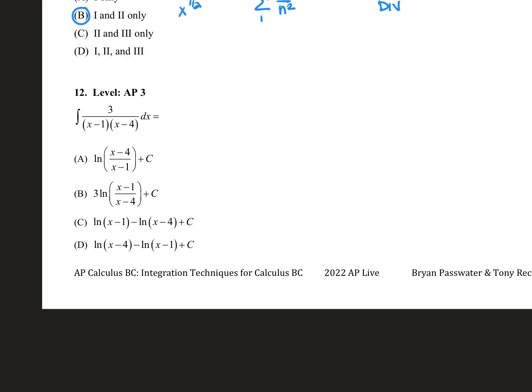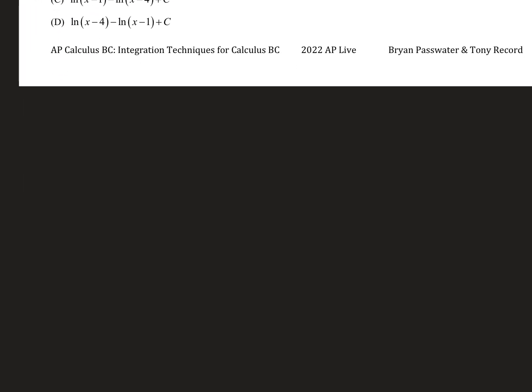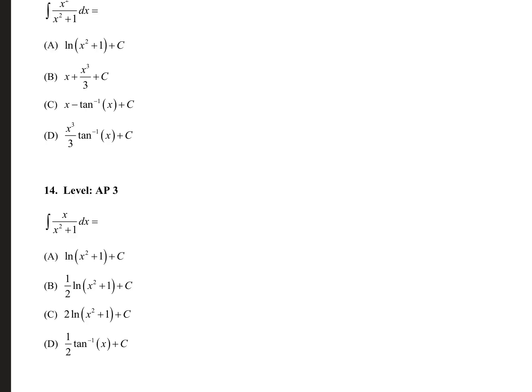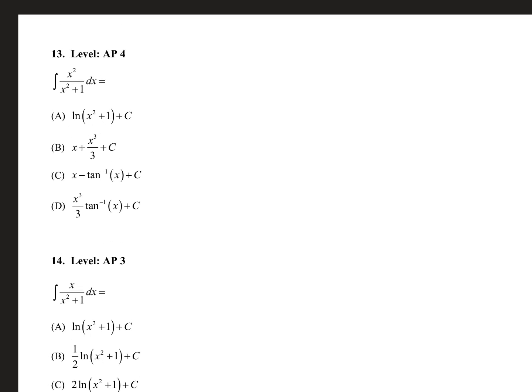Again, 12 is going to be partial fraction decomposition, which is a. This one here, since the degrees are equal, long division is the first thing you're supposed to do. Now, if it was also something that's factorable on the bottom, then I would also try partial fraction decomposition.